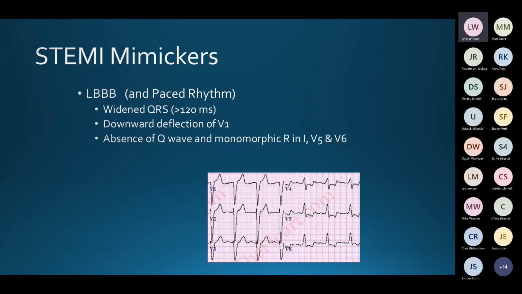The other thing that's characteristic of a left bundle branch block is that it often causes ST segment elevation, particularly in the V1, V2, V3 leads.